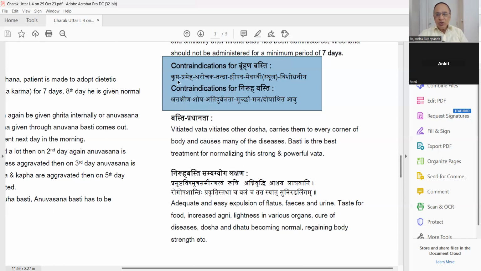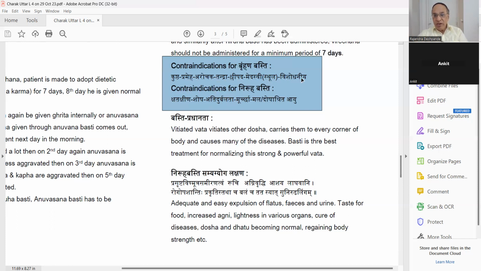Okay, so in Kushta, in Prameha, in Arochak, tasteless, Tandra, Slipad, filariasis, elephantiasis, your legs like an elephant, E-L-E-P-H-A-N-T-I-A-S-I-S, or the same filariasis, F-I-L-A-R-I-A-S-I-S, obese person, medasvi.